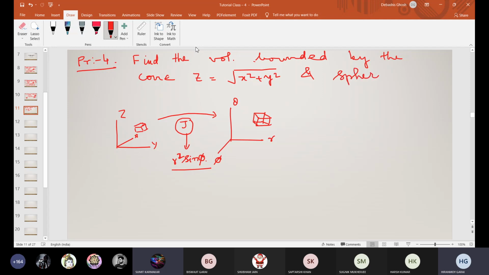Now for this case, could you solve without using spherical coordinates? You have just now solved spherical coordinates, so of course you can solve it, but try to solve this one without using spherical coordinates.